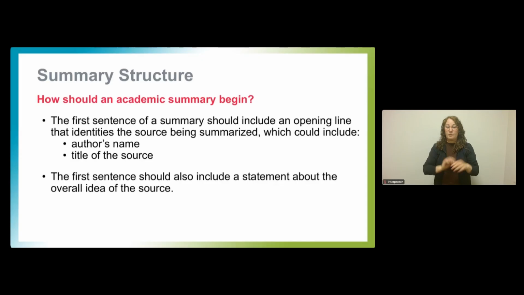The first sentence of a summary should include an opening line that identifies the source being summarized, which could include the author's name, or if you don't have a person's name, it could be the name of an organization. And we also want to include the title of the source in that opening sentence.